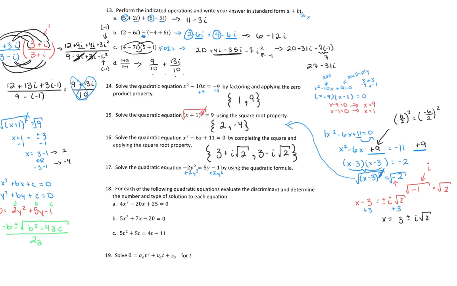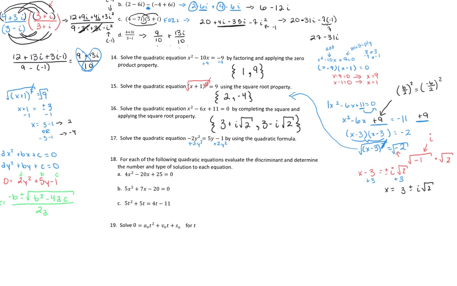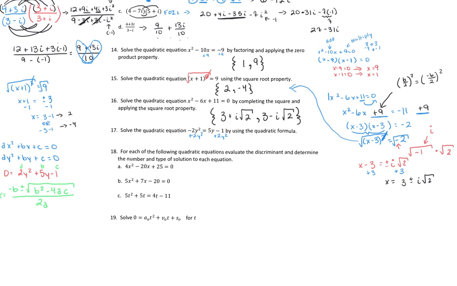Once we start plugging in, it will look something like x is equal to a negative b, which in our case is a negative 5, plus or minus the square root of b squared, so 5 squared, minus 4 times our a, which is 2, times our c, which is a negative 1, all over 2 times our a, which we said was 2.